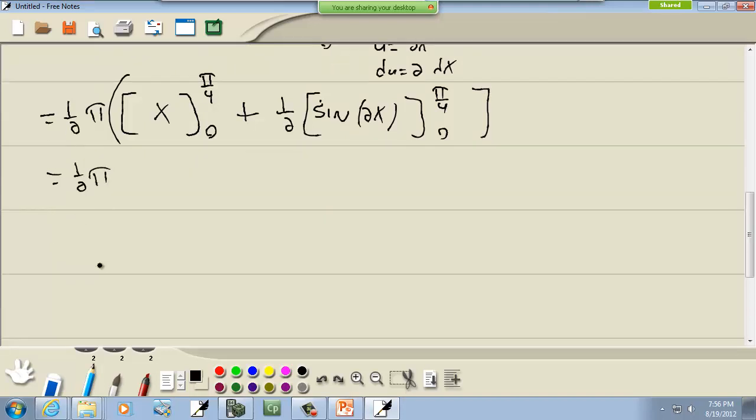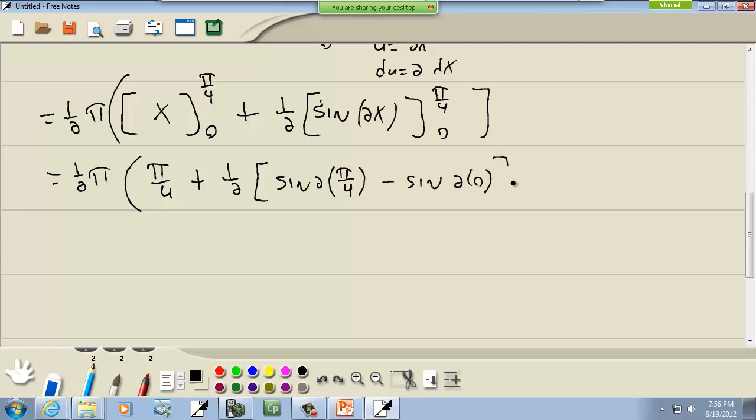Okay. So I got 1/2 pi. Sometimes when I start combining too many steps, I mess it up. The 0 doesn't do anything, so it drops away. So times pi over 4 plus 1/2, and I'll put in the pi over 4 there. So I got sine 2 times pi over 4 minus sine 2 times 0.